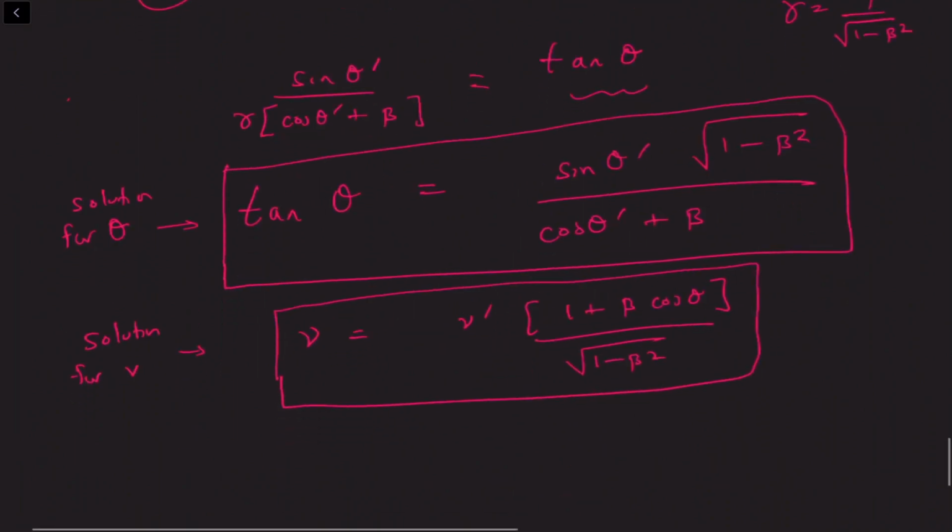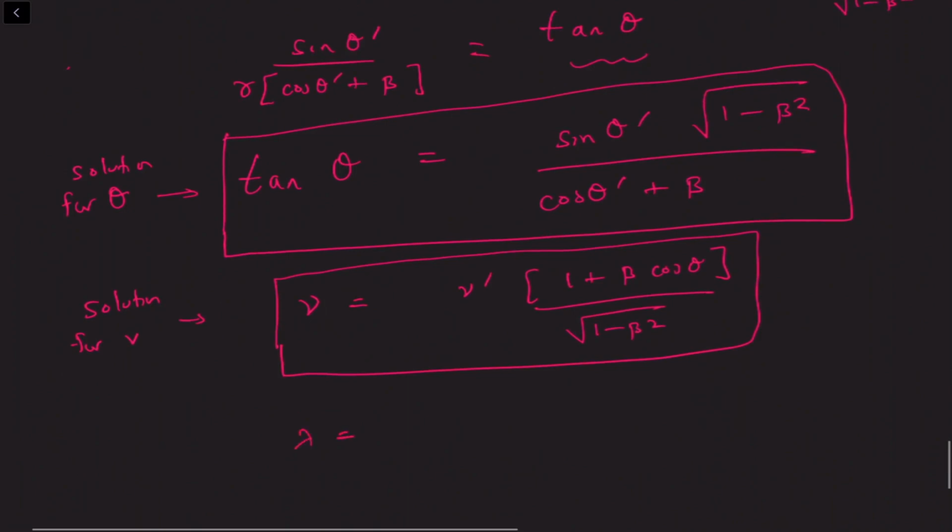Okay, and the wavelength, of course, is just c by nu. Okay, so what we're really interested in is these two quantities. What is the angle that the light ray makes as seen in frame S, and what is the frequency of the light ray as seen in frame S?